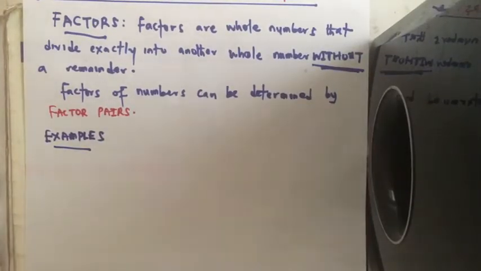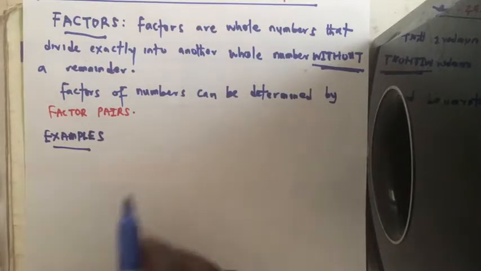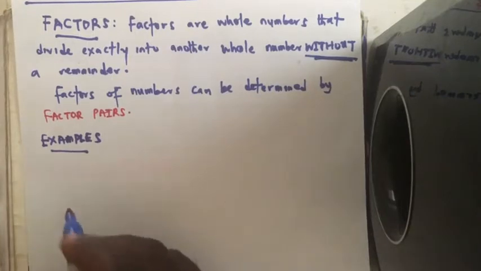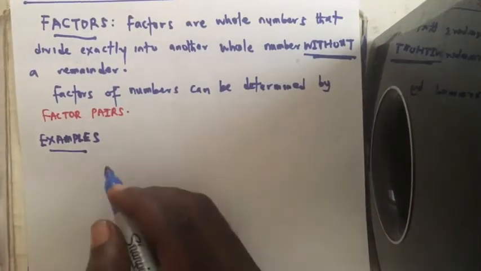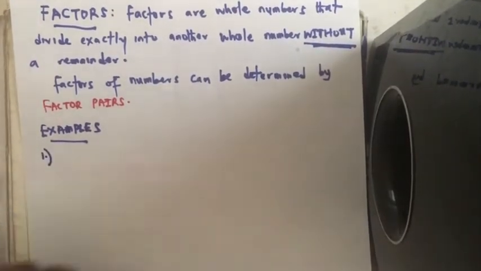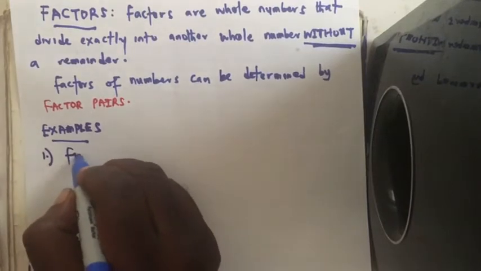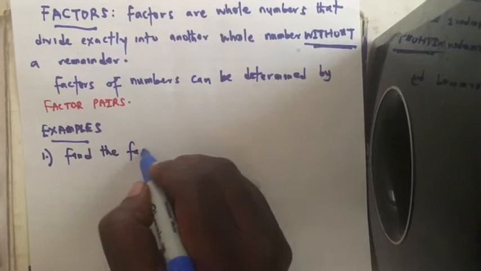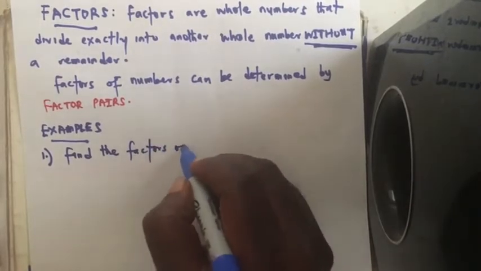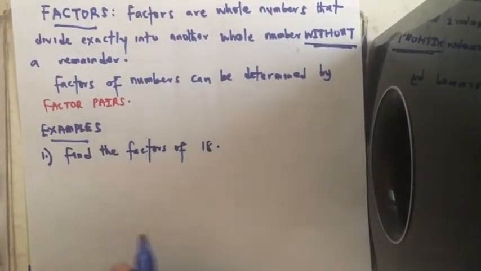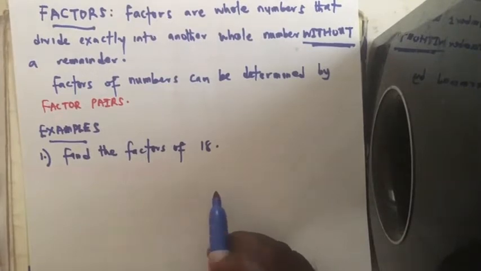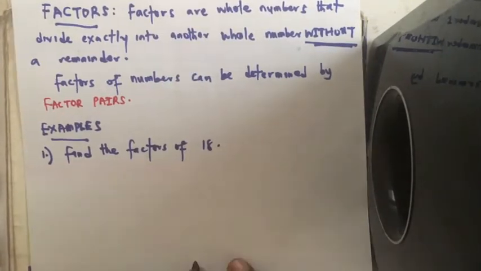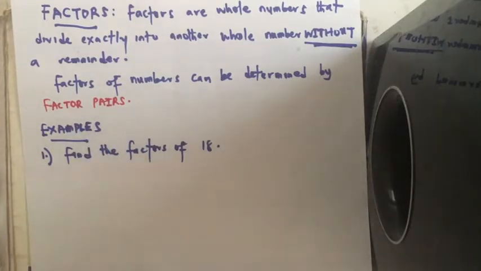Let's assume we are told to find the factors of 18. Find the factors of 18, number 1. Remember we're going to use what we call factor pairs.